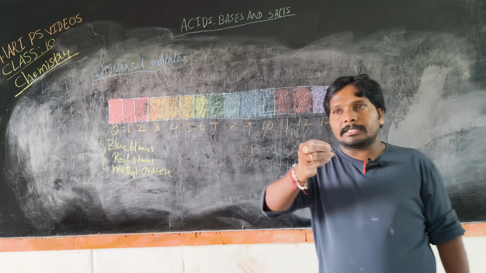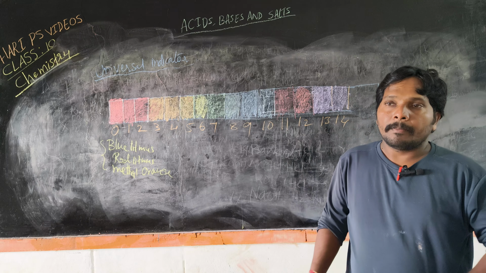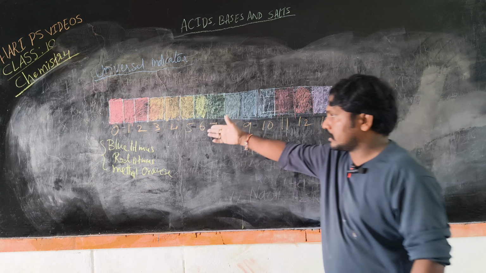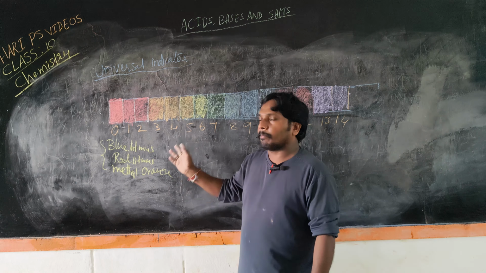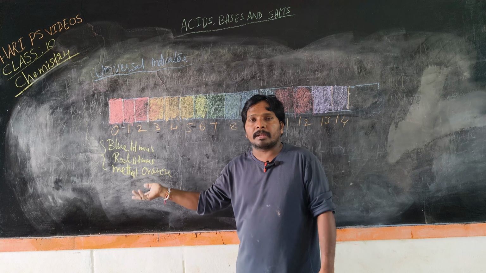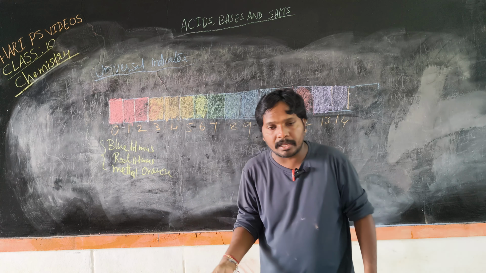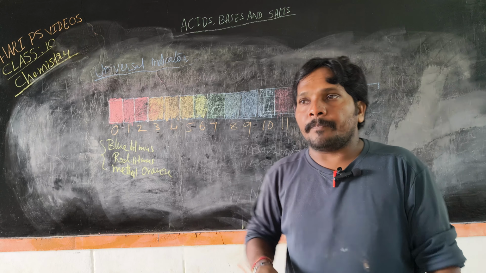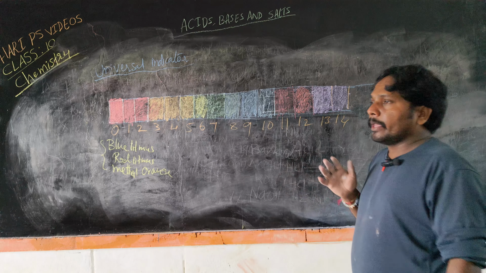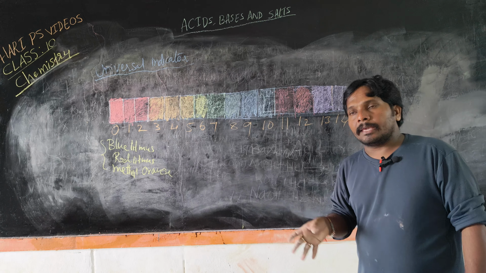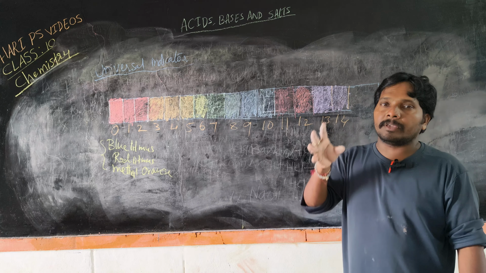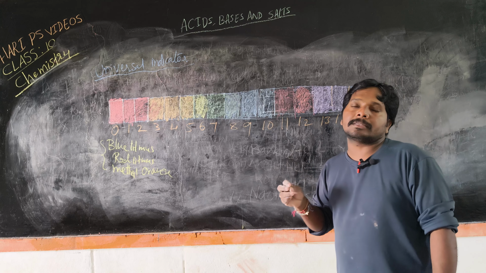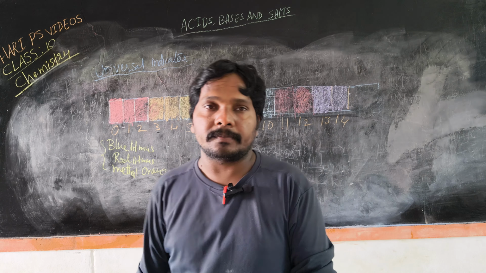We know the given substance is either acid or base, but with the help of these indicators like blue litmus, red litmus, phenolphthalein, methyl orange, olfactory indicators, we cannot identify strong acids, weak acids, strong bases and weak bases.